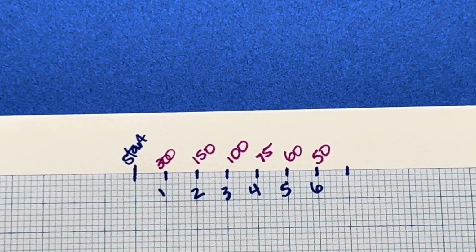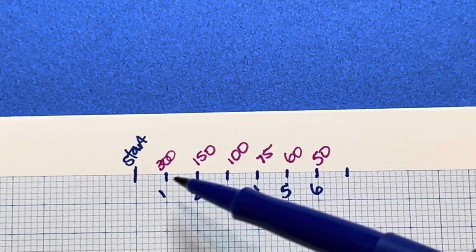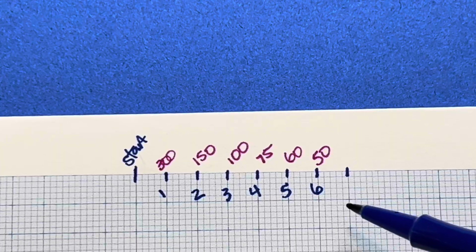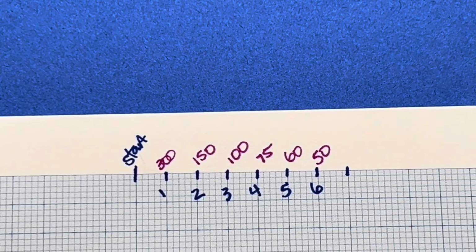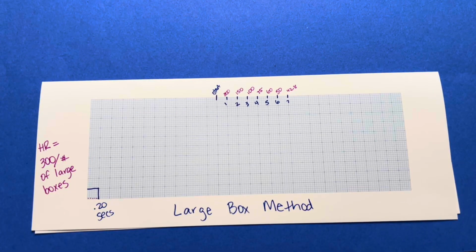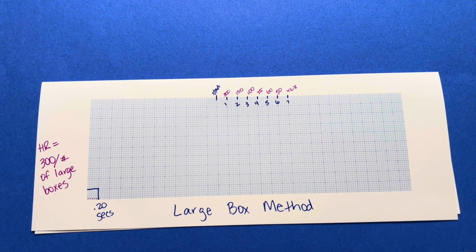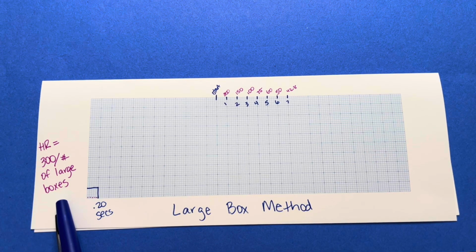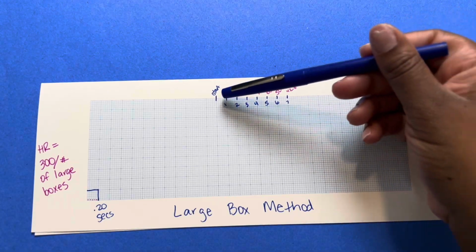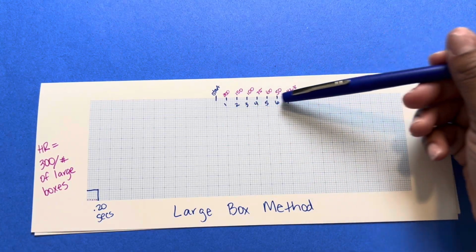So you can either memorize what the heart rate is per large box, or you can do the actual math and divide it each time. Okay, so this is a wide view of the large box method.